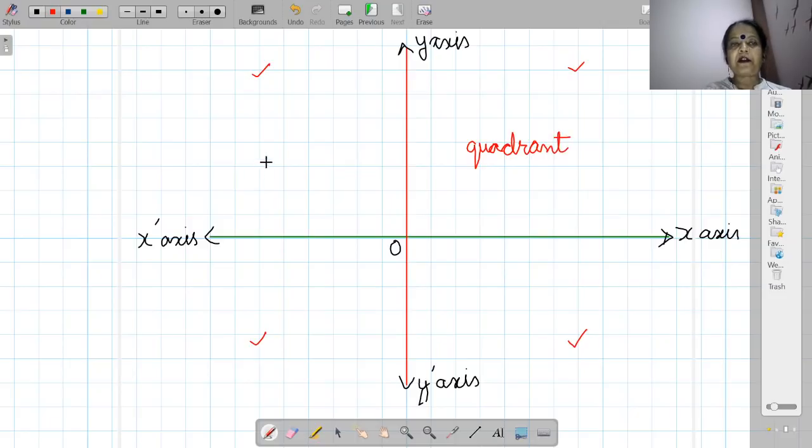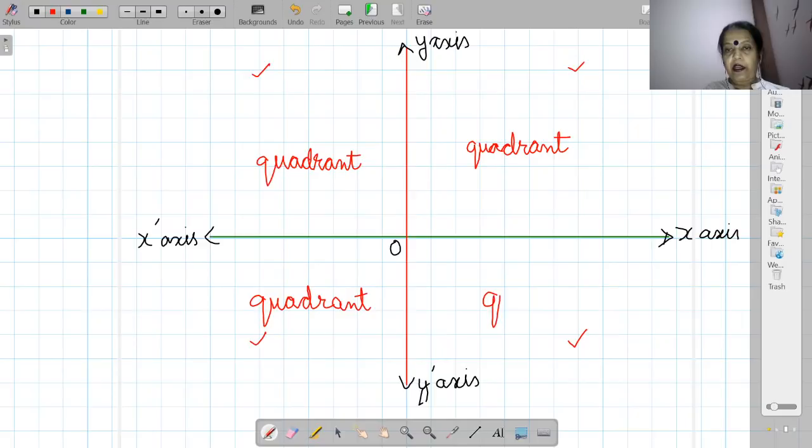All the four parts are called quadrants, but since there are four quadrants, we have to name them also.